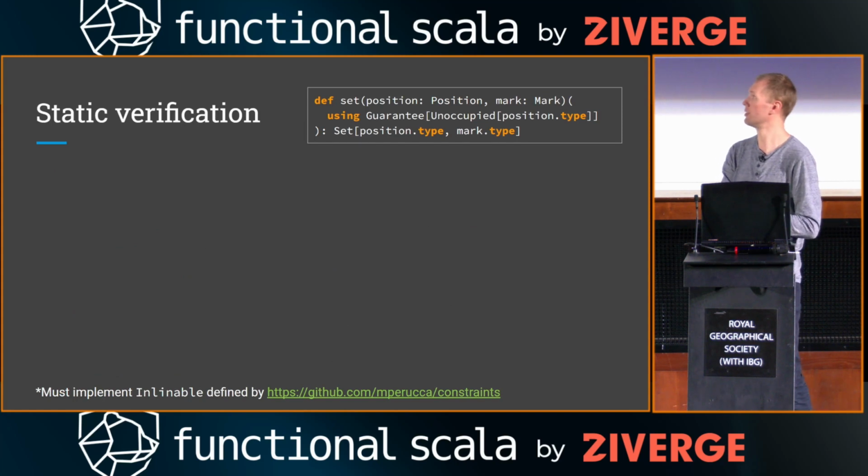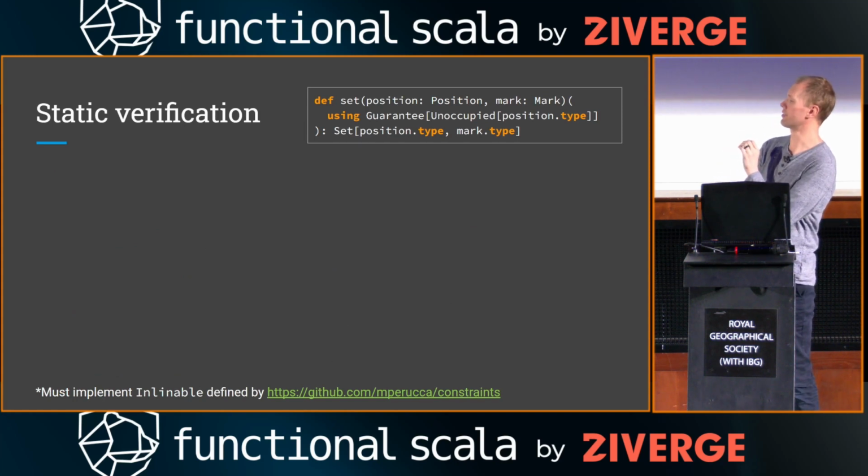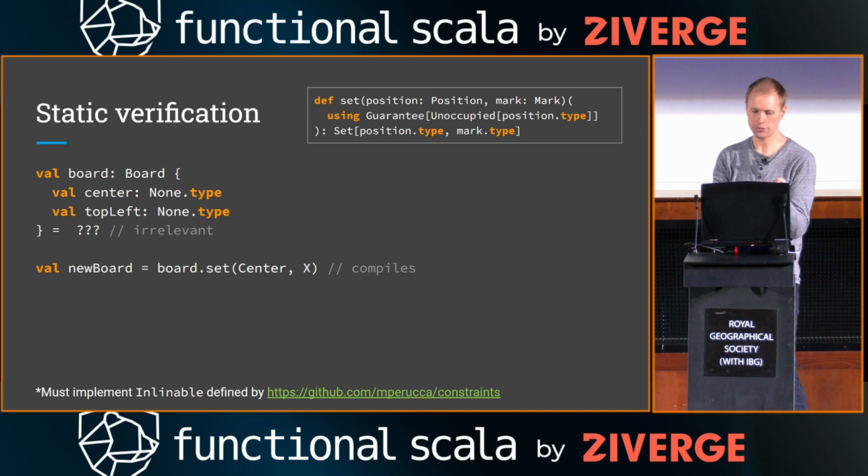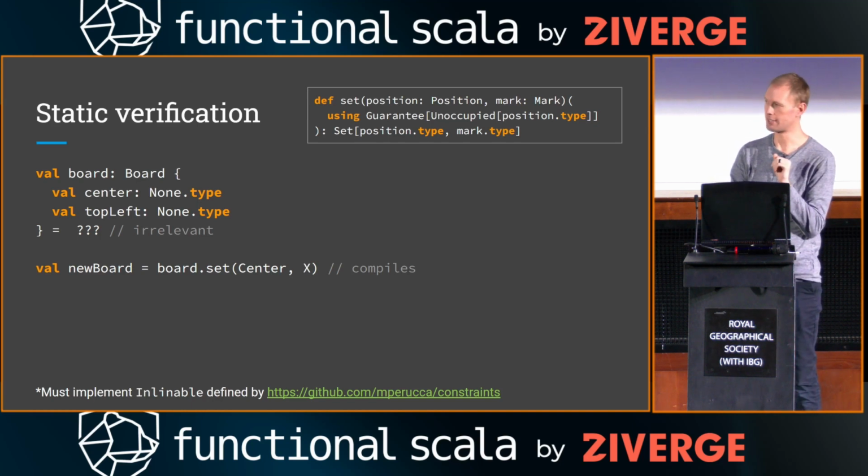So you can also do some static verification. We won't go into how this works, but it's similar. Similarly, you implement a type class called inlineable. And that'll let you do stuff like if you have a board, the center and top left are both empty, you can go ahead and call board.setTheCenter to x, and that compiles.